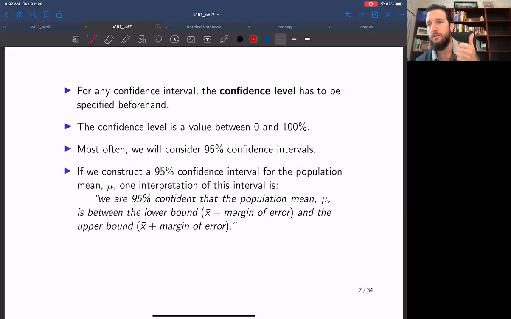The important parts of this are, one, we have the right confidence level. So in our interpretation, we don't want to say like we're 90% confident when we use the 95% interval, for example. We also want to make sure that we consistently use the word confident. I'm going to talk about why that's the case momentarily.